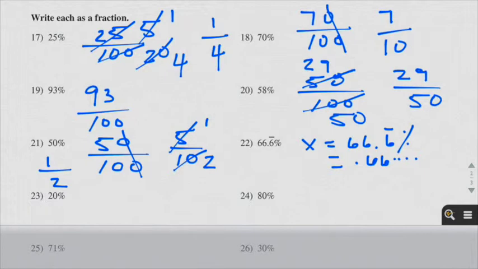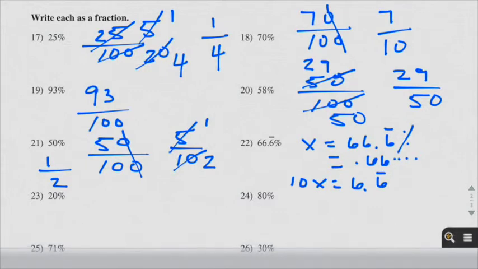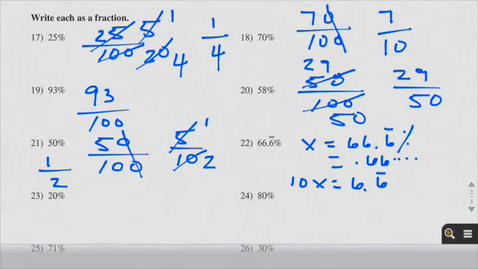It still repeats, we just moved the decimal place. So what we want to do now is define 10x. So 10x equals, what do we do? We just move this decimal over one place, right? So we end up getting 6.6 repeated. Nothing changed, we just multiplied by a factor of 10. And the reason we do this is where the trick comes in.